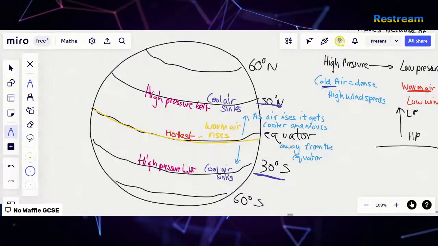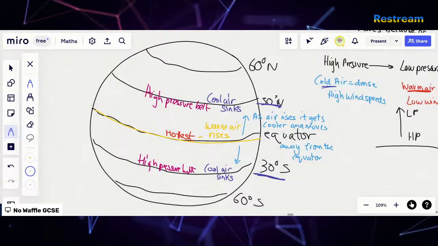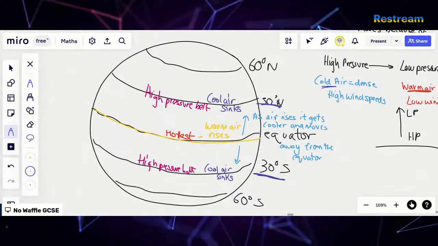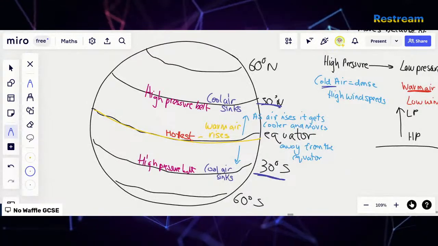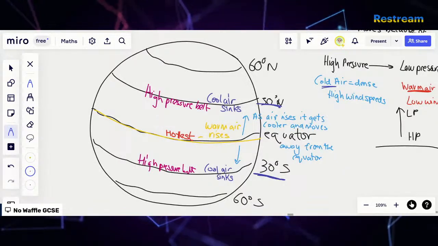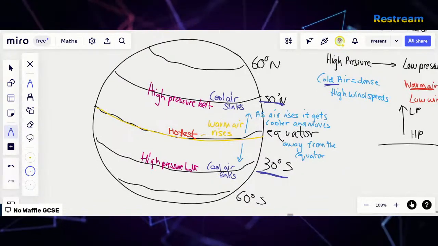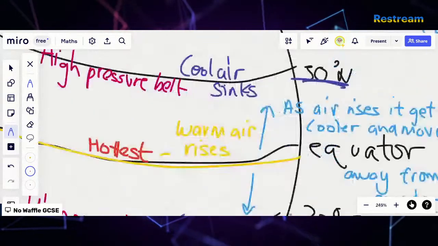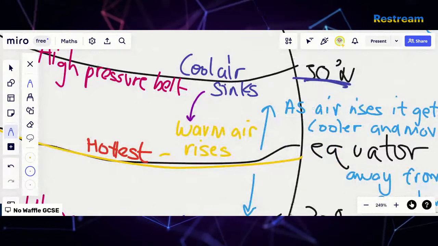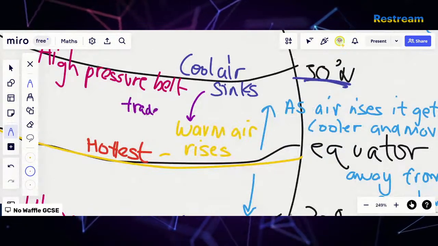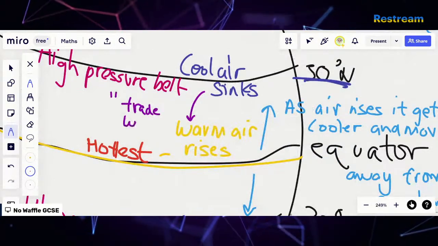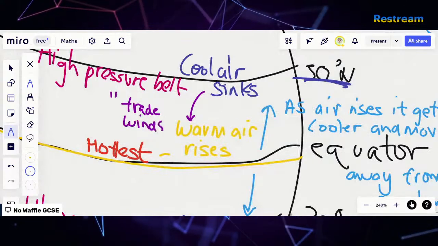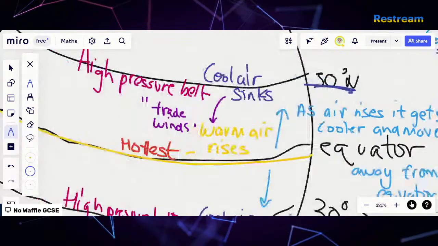Now, as the air reaches the ground surface, the cool air either moves back to the equator or towards the poles. The air that moves back to the equator is what we call trade winds. So this is the air that returns to the equator.